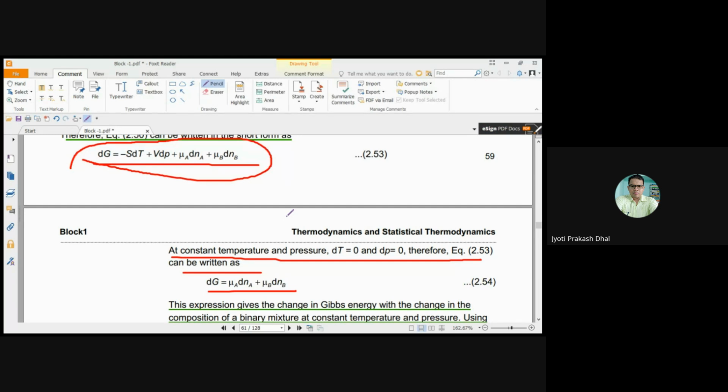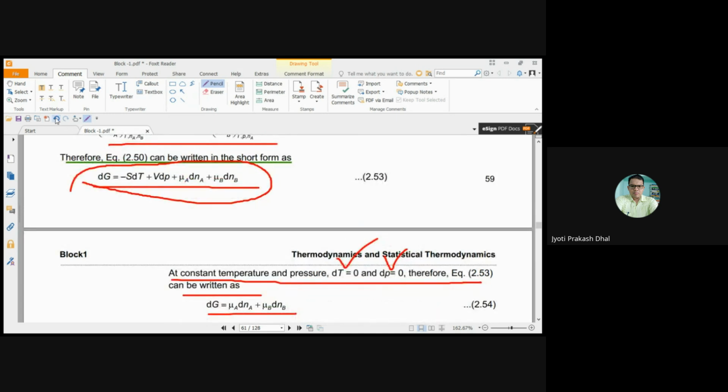Now, if we take this expression at constant temperature and constant pressure, then dT equals 0 and dP equals 0. So these terms become 0, and the first two terms vanish.